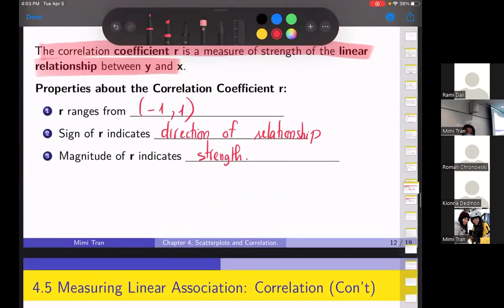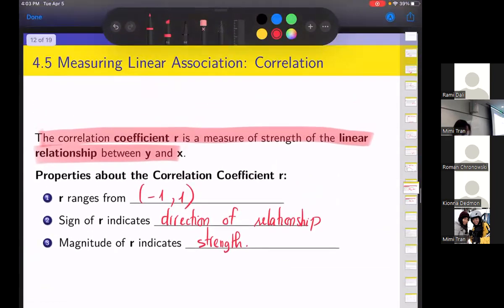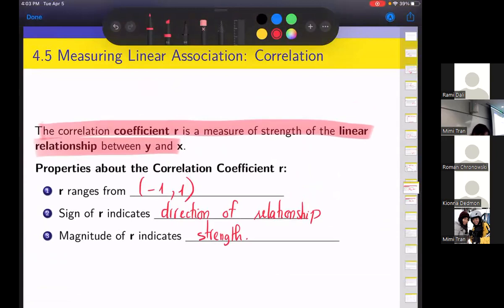Okay, so that's your R. It's called the correlation coefficient. Remember that name, because there's another one called R squared, the coefficient of determination. So let me mark this up.